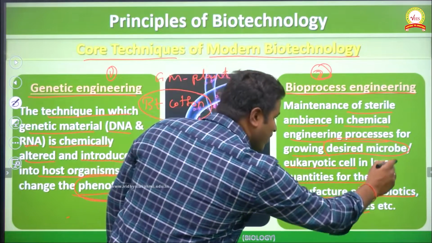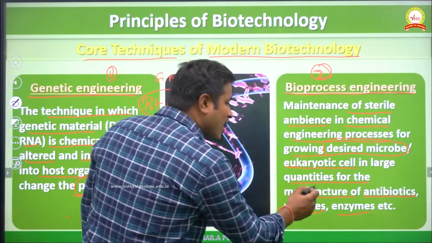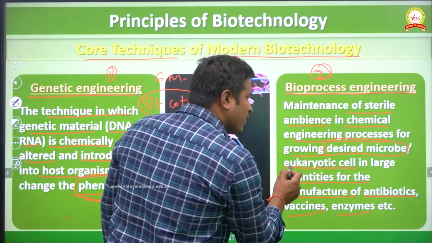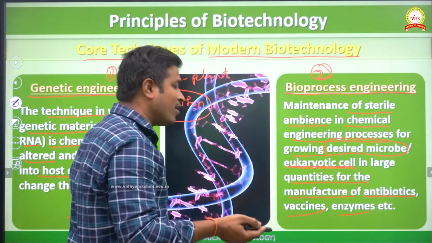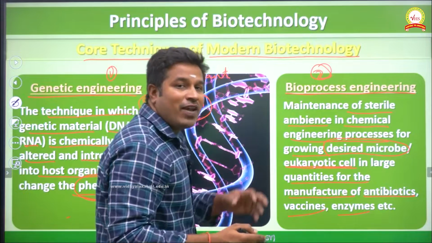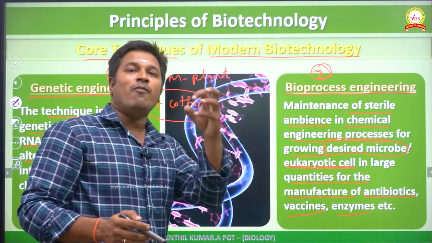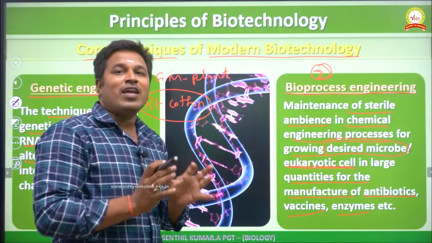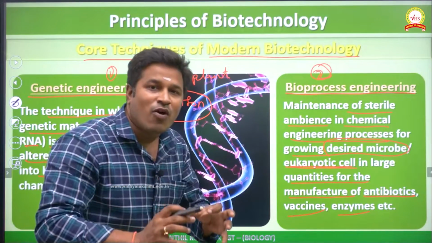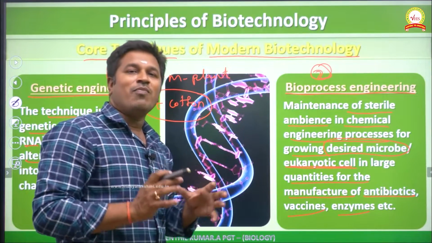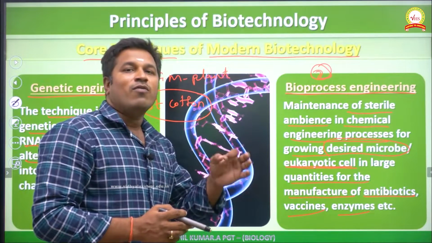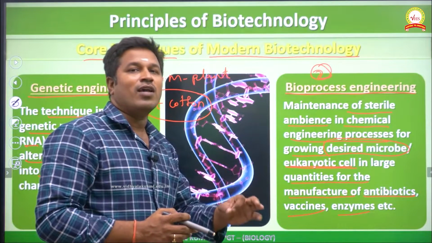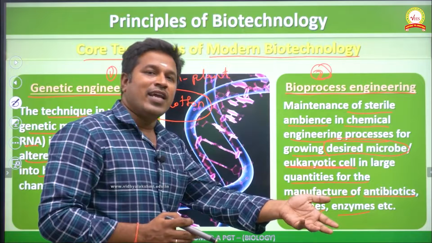These are the desired microorganisms, specific eukaryotic cells, that means microorganisms for antibiotics, vaccines and enzymes. We need a pure form of microorganism. For that we need to maintain a sterile environment. Without maintaining a sterile environment, we cannot get a pure form of microorganism for the desired techniques.